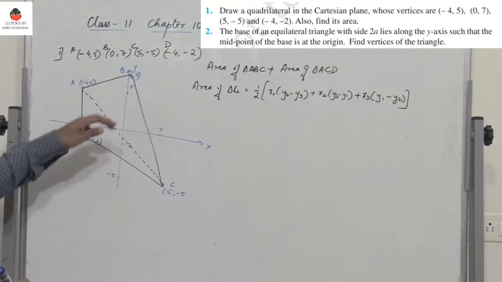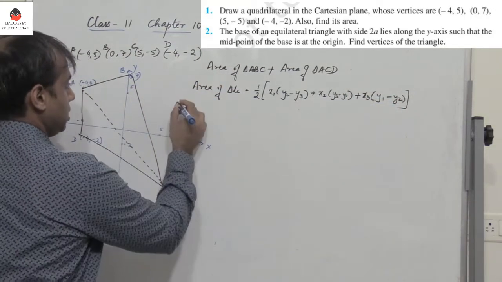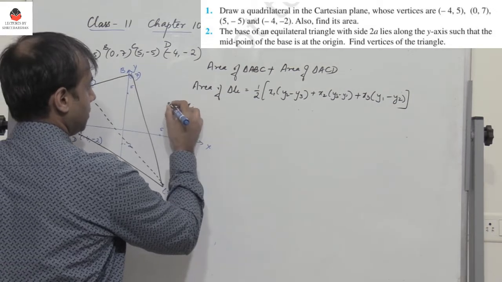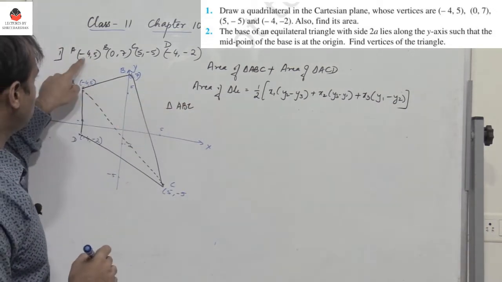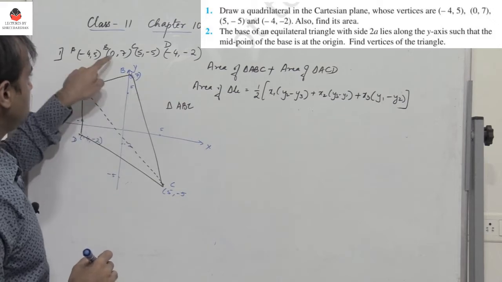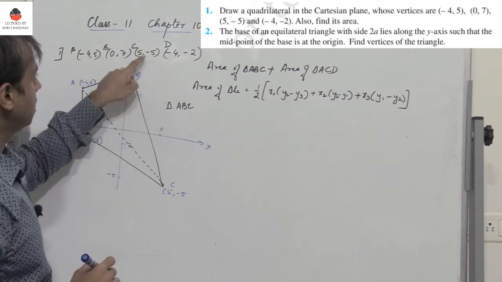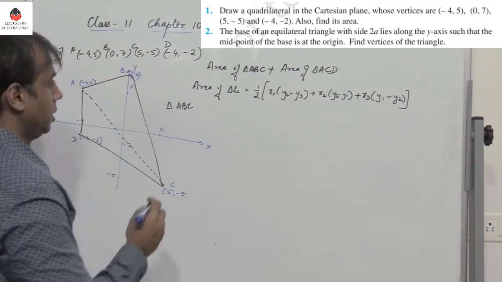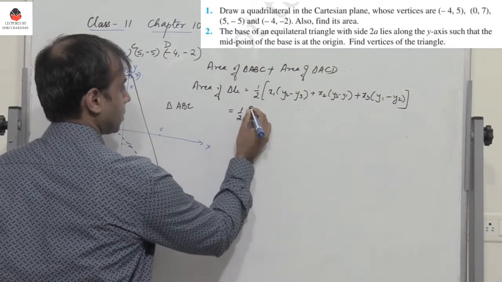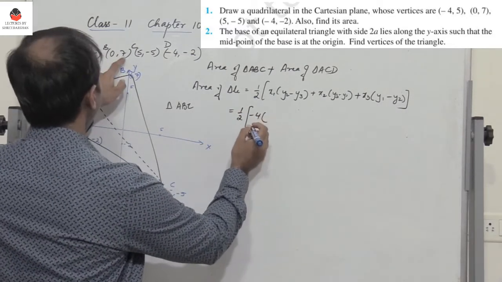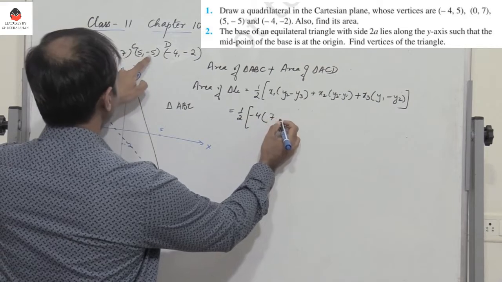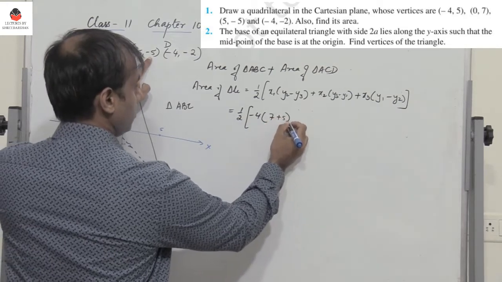Now to find the area of triangle ABC, here you have coordinates A, which is (x1, y1), B is (x2, y2), C is (x3, y3). So it's going to be half. What is x1? x1 is minus 4, into y2, which is 7, minus of minus 5, which is plus 5.